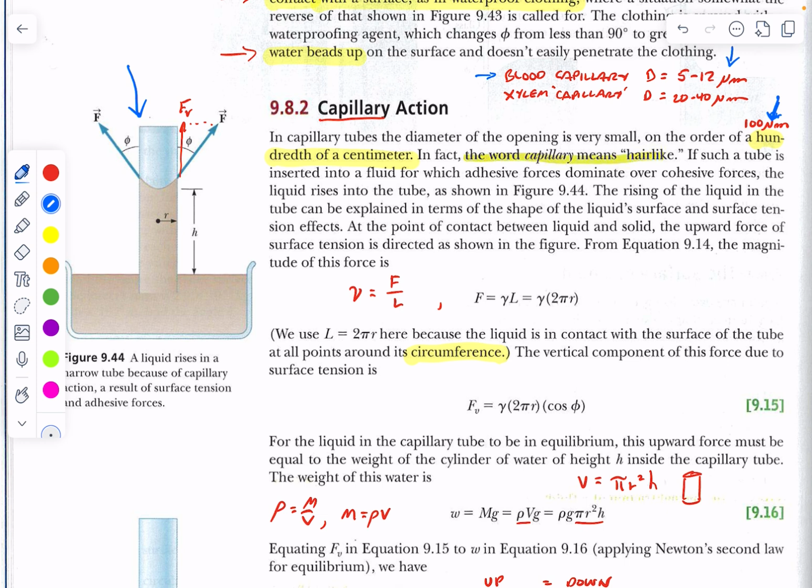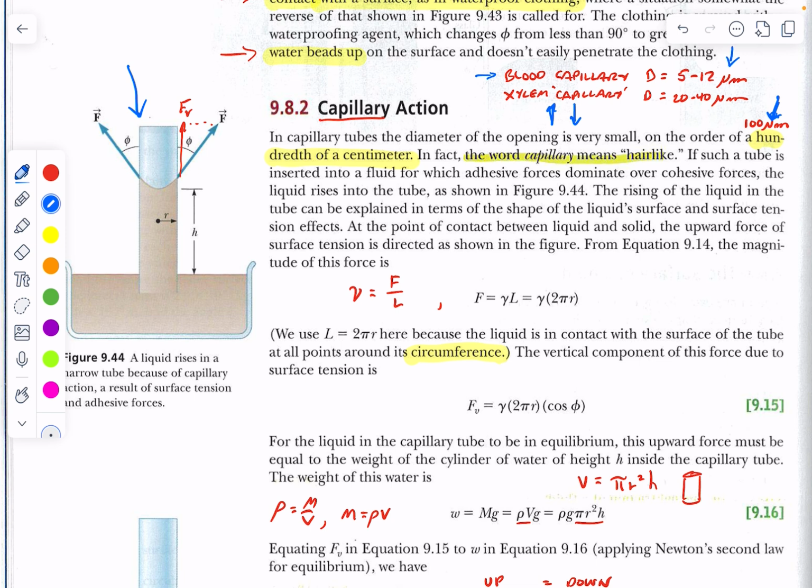And trees and plants have a vascular system where you have tubes that bring the water and the minerals from the soil up into the plant, called xylem. And you also have phloem tubes, which bring the food, if you will, as the result of photosynthesis, down to the rest of the plant, including the roots.